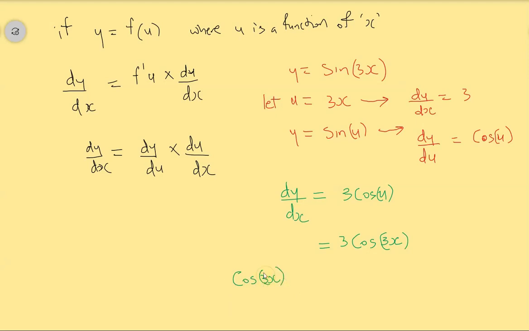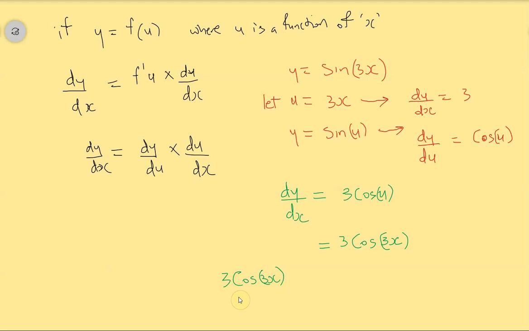Now what we have to do next is to multiply by the derivative of what's in the brackets. Now the derivative of 3x is just 3, so we multiply it by 3. So basically you differentiate the function normally, assuming that 3x is just a single variable without a coefficient.